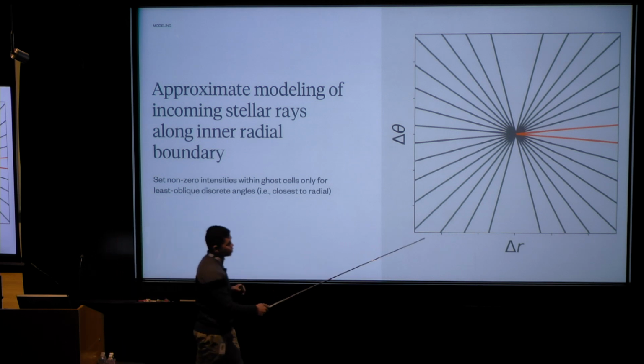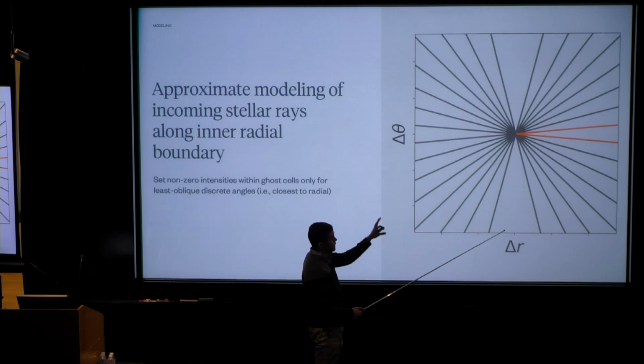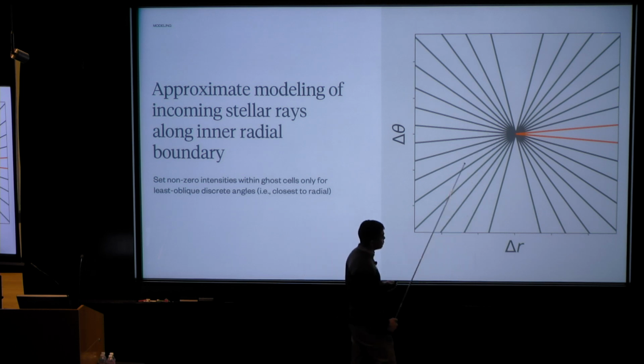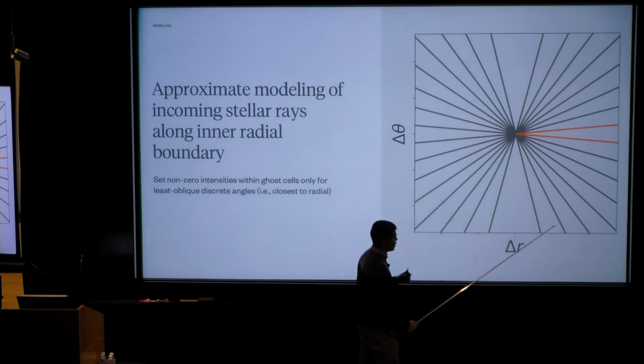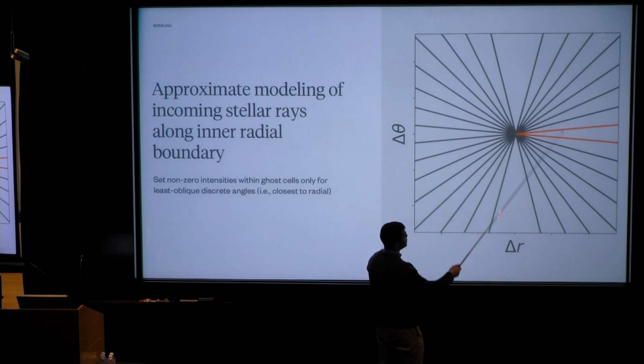And so the way we achieve this is within the ghost cells of the simulation that just lie within the inner boundary of the domain. If you look at this azimuthal slice, polar in the vertical and radial direction horizontally, you have a discrete set of angles along which the intensities can be solved.